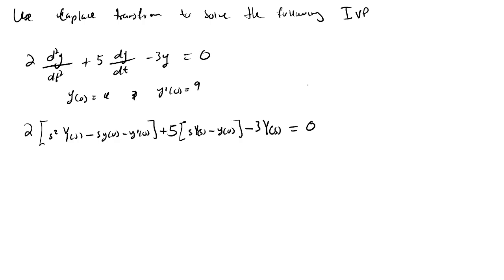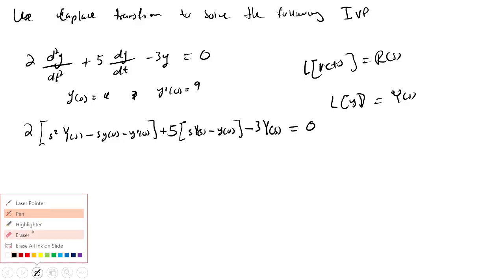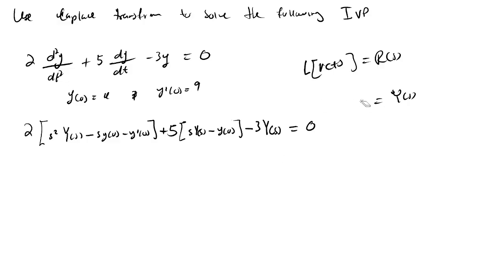Likewise, if you have r of t, the Laplace of r of t is going to be r of s. So the Laplace of small y is going to be y of s, for those who are doing control systems. So please follow these steps.